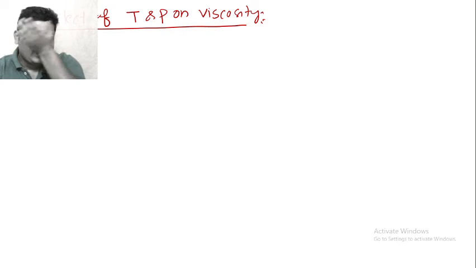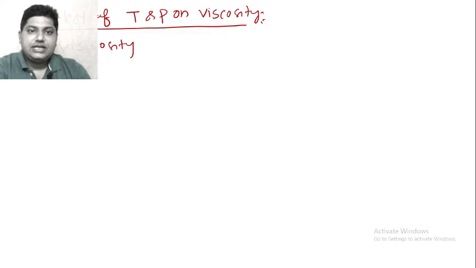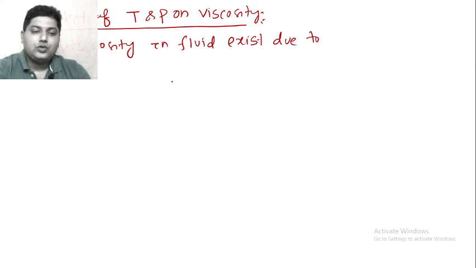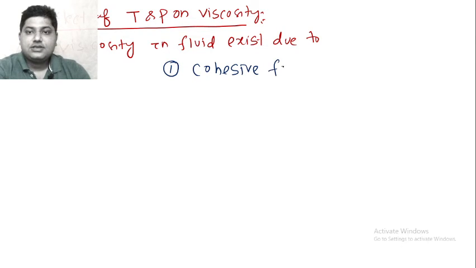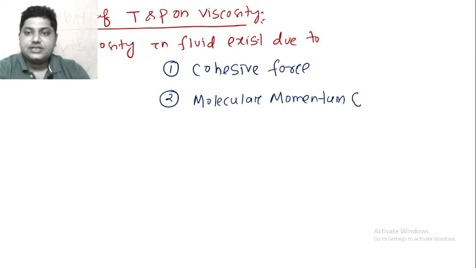Now first of all, you should understand viscosity in a fluid exists due to two things. The first one is the cohesive force among the fluid particles, and the second one is molecular momentum exchange.